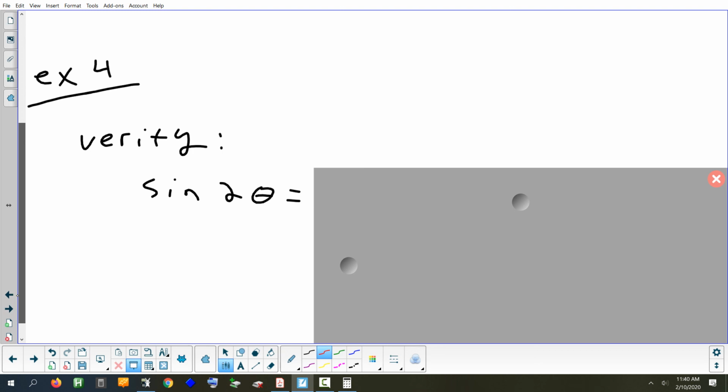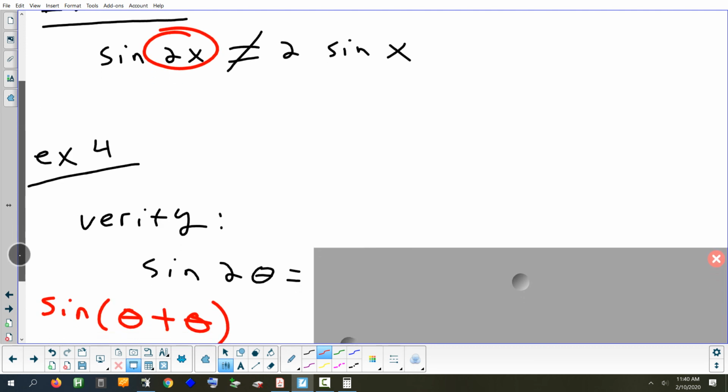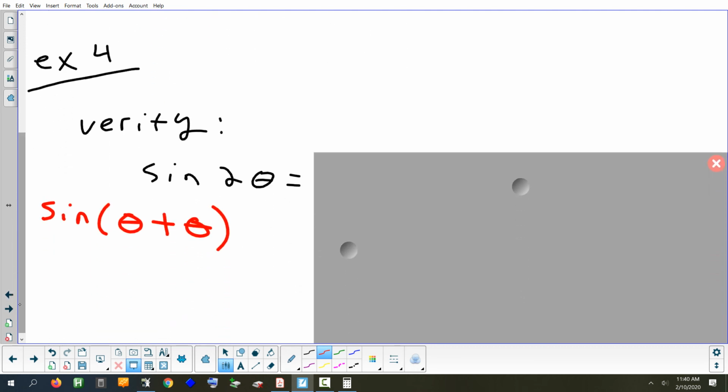Theta plus theta. So this left-hand side, you could write it like that: sine of theta plus theta. Now, what is this? That's the sine sum identity. Let's see if we can remember what it is and write it out, and that'll tell us the answer to what this equals.